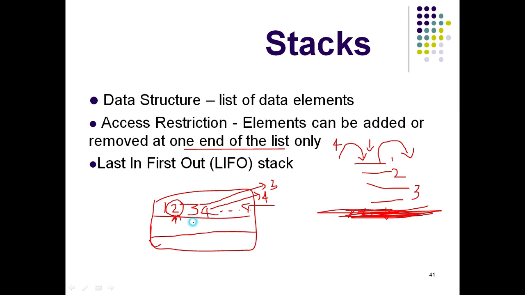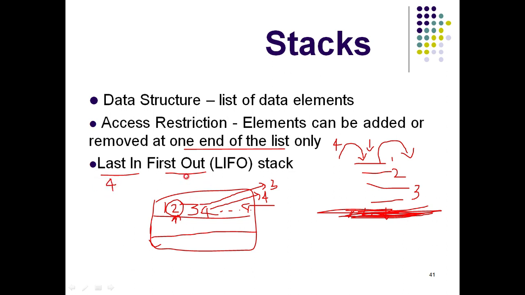That means friends, please observe the whole series. How did we do? We first added 1, then added 2, 3 and 4. But while removing, what did we do? We removed first 4, then 3, 2 and 1. That means this method is called last in, first out. What was the last in? 4.